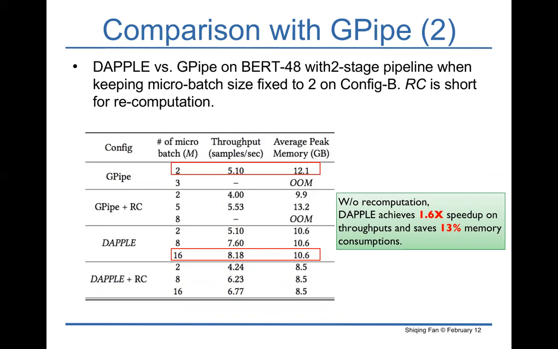When both are without recomputation, DAPPLE gets about 1.6x speedup on throughput and saves about 13% memory consumption. The speedup from DAPPLE is mainly because higher microbatches lead to a lower proportion of bubbles from the pipeline. It should be noted that DAPPLE allows small microbatches, as the peak memory requirement is independent of the number of microbatches due to early backward scheduling.